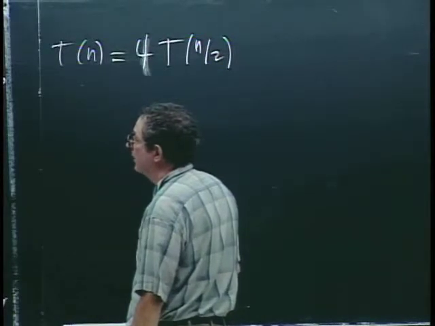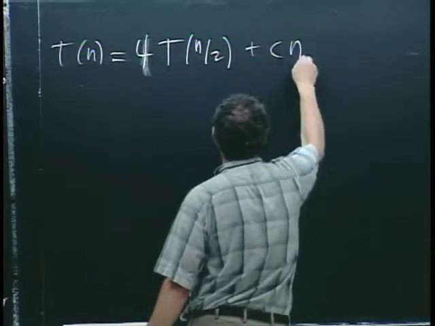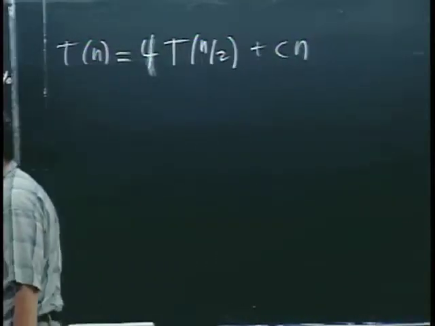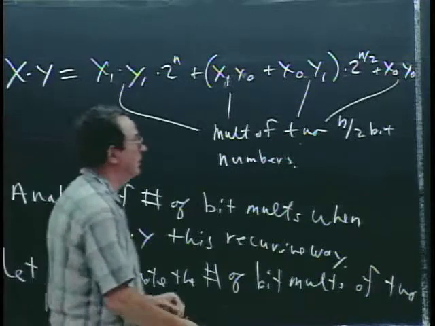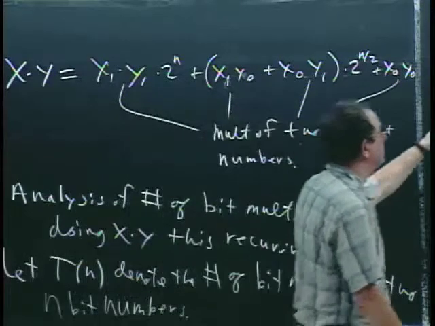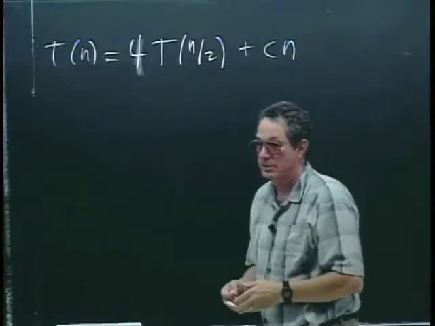Well, okay, Cn. Where does Cn come from? You can think of it as shifting. I guess that's where it comes from. Either that or I have to redefine what T of n is. If T of n is just the number of individual bit multiplications, then what confused me is where does Cn come from? It looks like 4T of n is enough.